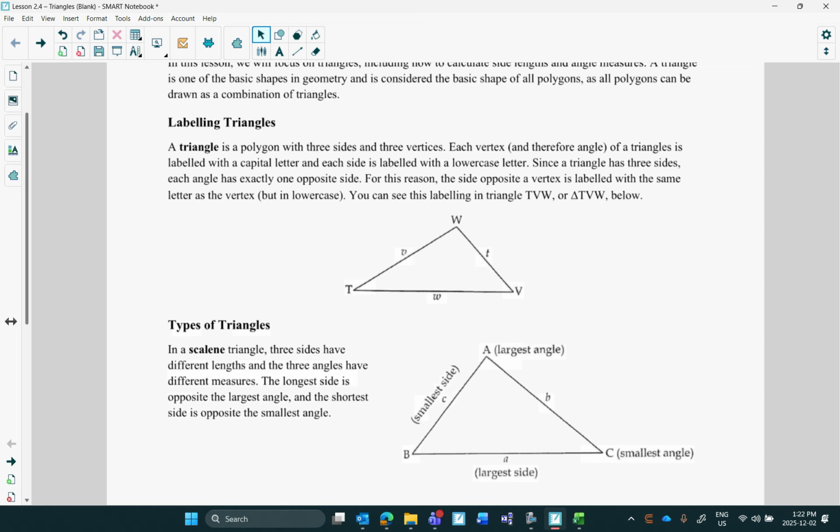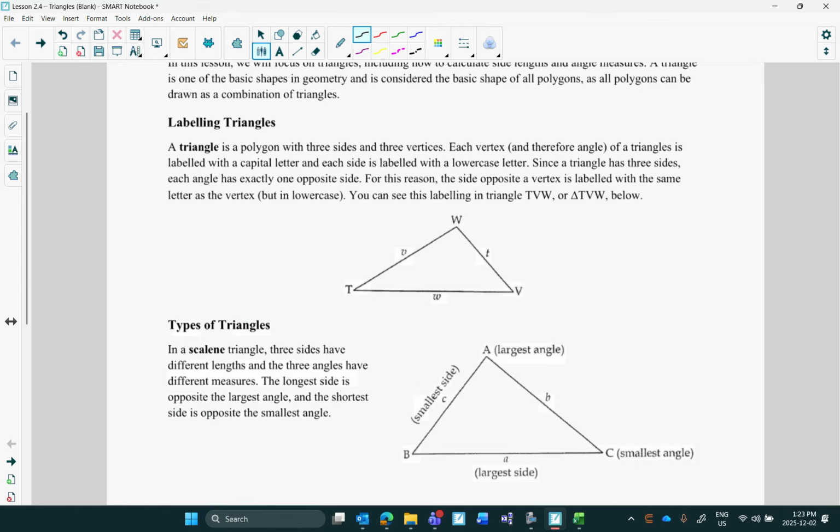Obviously, a triangle has three corners or vertices, and we label each of them with a capital letter. So in this one, it's T, W, and D. And normally how we label sides in a triangle is we label it with a lowercase letter opposite its capital letter.